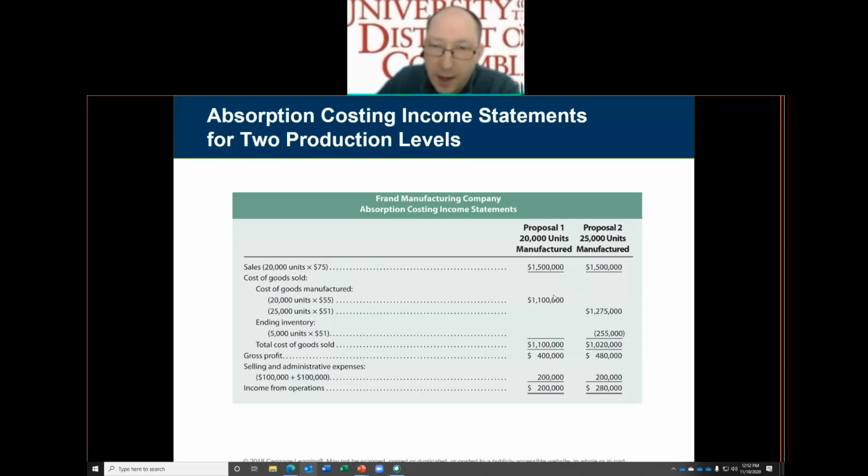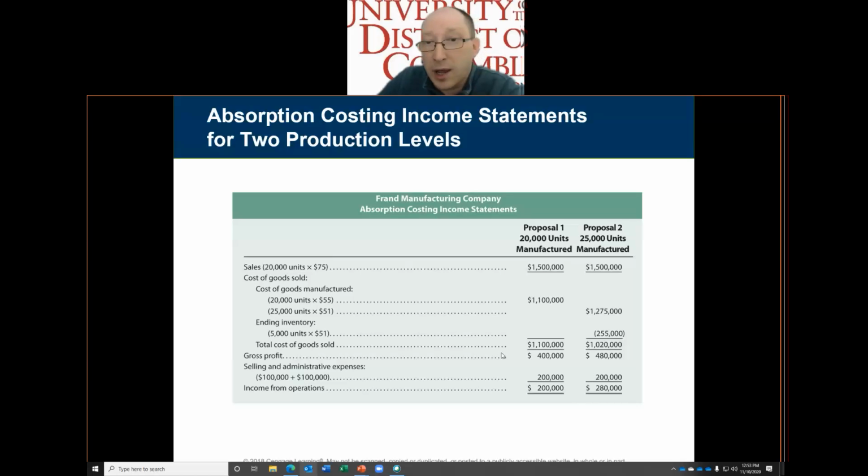Cost of goods manufactured, $55 per unit, $51 per unit. Ending inventory gives us total cost of goods sold, $1,020,000 versus 1.1 million. Gross profit is a little bit higher than proposal 2.